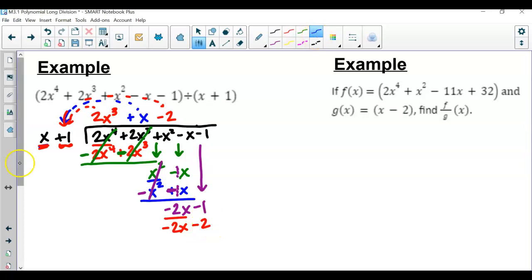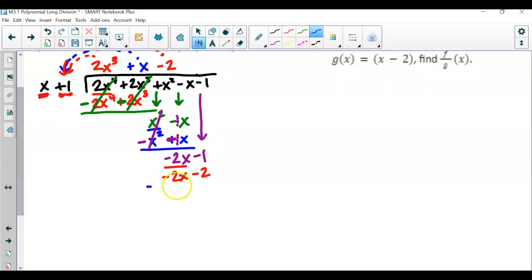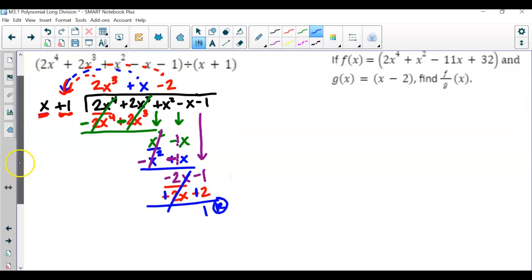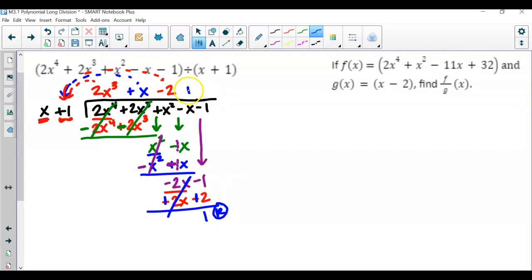Then, of course, last step, change the signs, so this becomes positive and positive. So negative 2 plus 2, that's our 0. Negative 1 plus 2 is 1. So we do have a remainder of positive 1, so we don't forget to write that as plus 1 over x plus 1. So is x plus 1 a factor? No, because you got a remainder of 1.